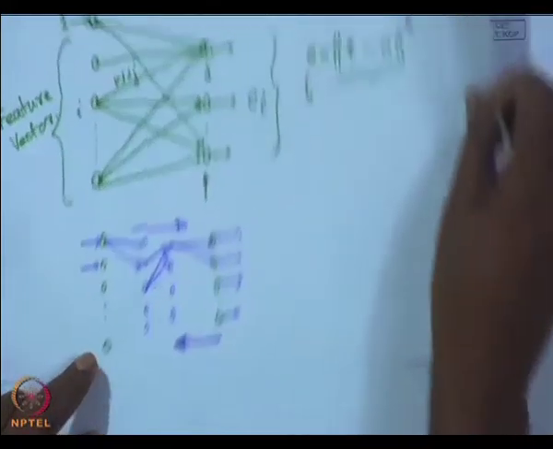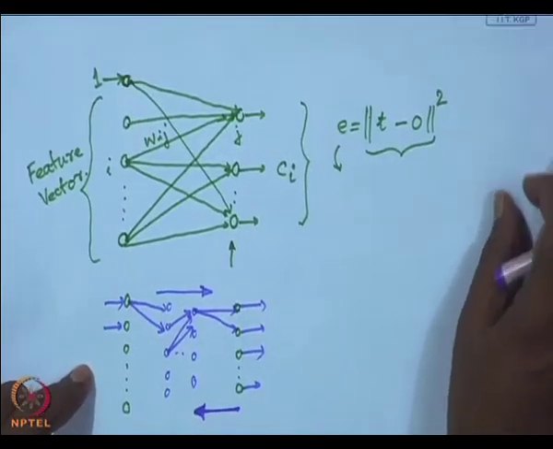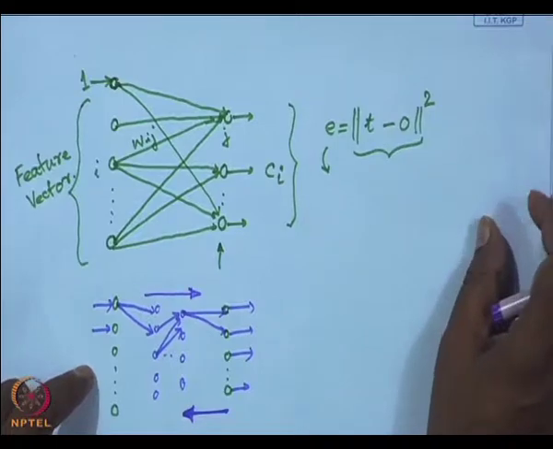Now, when we discussed this feed forward network or back propagation network, we said that if the patterns or the classes are linearly separable, then a single layer perceptron is sufficient. But if the classes are not linearly separable, then a single layer perceptron is not sufficient.